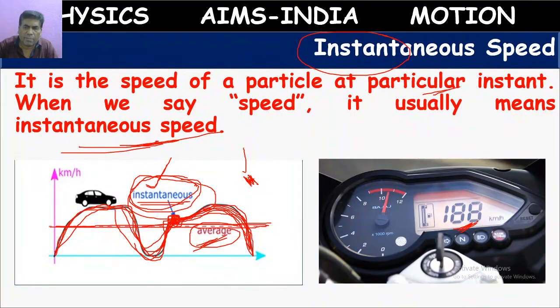If you decrease the speed, automatically on the digital speedometer the speed will decrease. If you increase the speed, it will increase. So digital speedometers show instantaneous speed values, so that you can take care of the speed and keep the vehicle under control. Okay, that is about instantaneous speed.